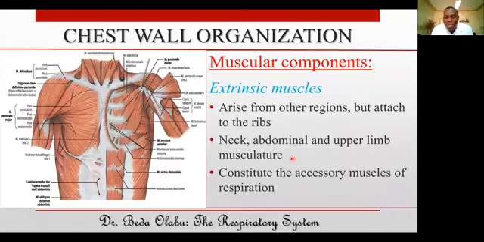And this is one of the important things that will be taught in your clinical years, that one of the ways in which we can evaluate whether a patient is in respiratory distress is by looking at the involvement of accessory muscles of respiration as they breathe.